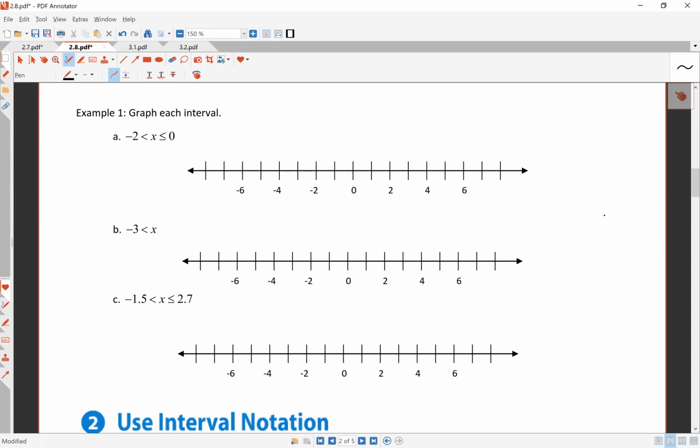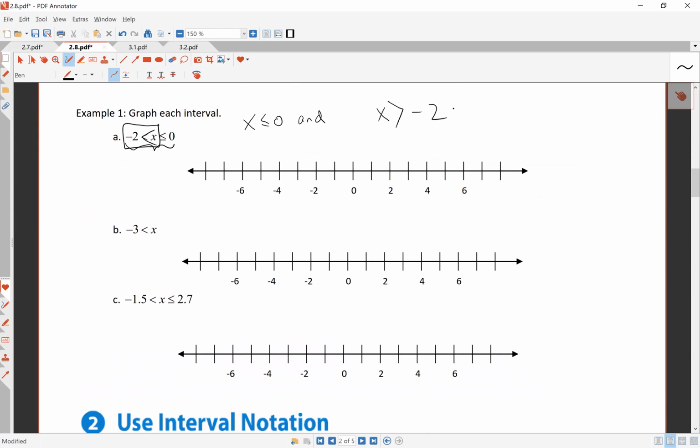So example 1. When we see this compound inequality, that means two things. It means X is less than or equal to 0. And this statement, you have to be able to read it backward. Because it opens up on the X, I'm going to make sure to keep it open on the X is greater than negative 2.